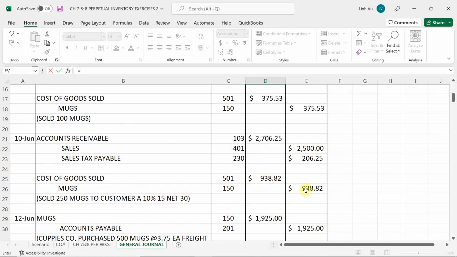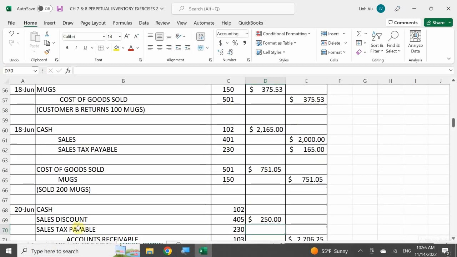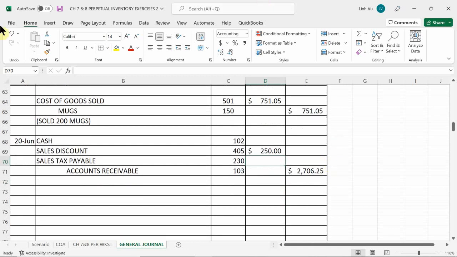We can only discount the total amount of items we sold to customer A. We only sold 250 units. Customer A did not exchange, did not return, did not do anything. So customer A is being charged for the full 250 units at $10 each. Therefore, we can only discount the sales up to 10%. So 10% of 2,500 is going to be $250.